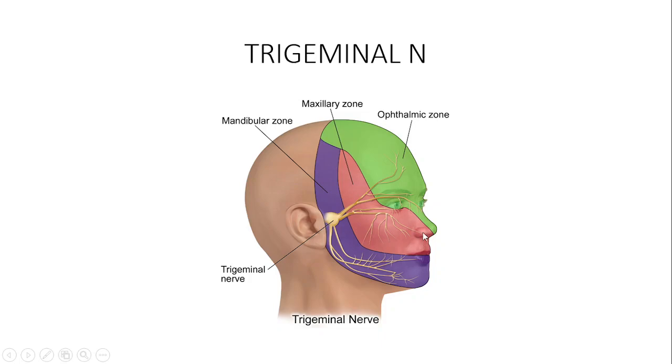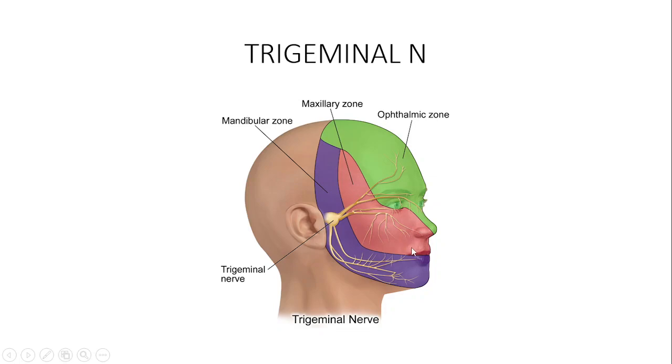It also supplies the lower aspect of the nasal cavity. It's also in charge of supplying the cheek. If you can see the cheek over here, it supplies the cheeks, and of course the maxillary sinus. It supplies the cheek and also the maxillary sinus.